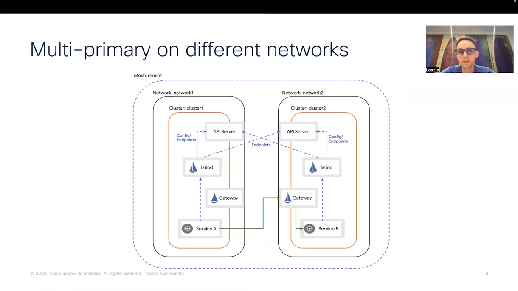And the different network means that there is no pod-to-pod connectivity configured between these two clusters, which means that pods from cluster 1 cannot directly reach pods running on cluster 2. Rather, they will need to communicate over a dedicated ingress gateway.